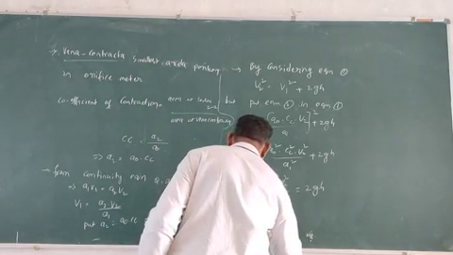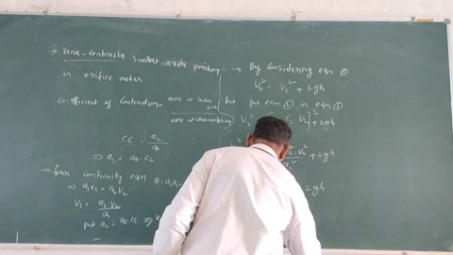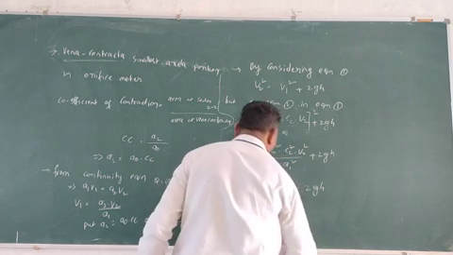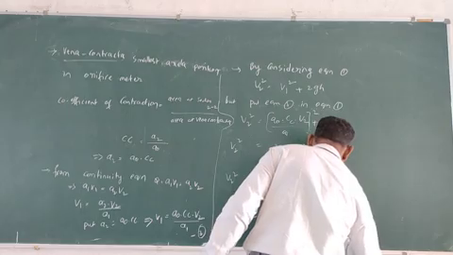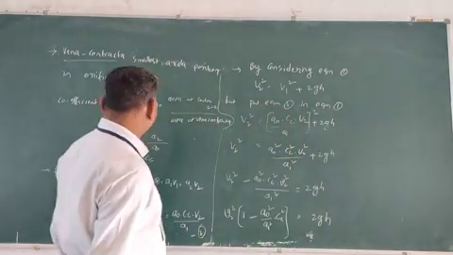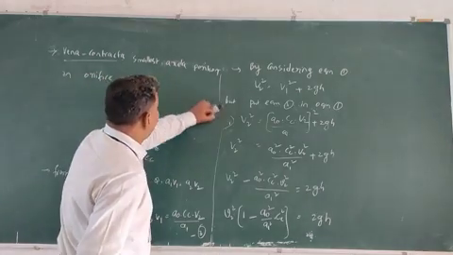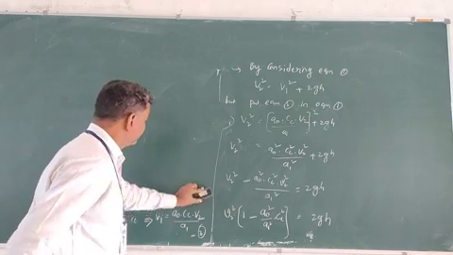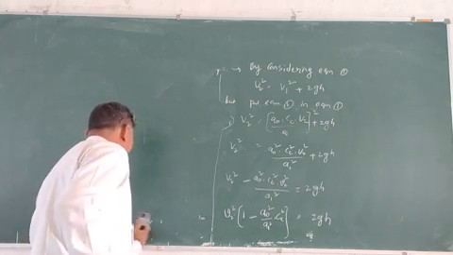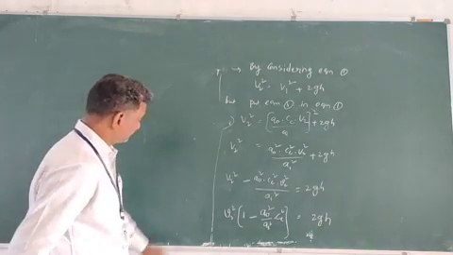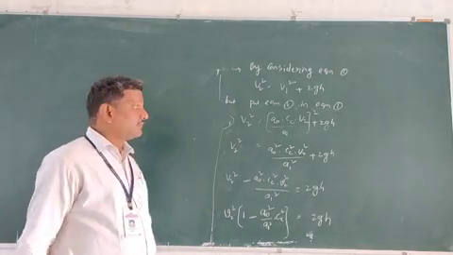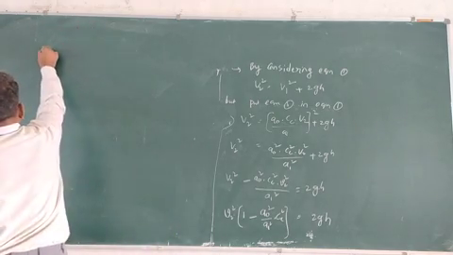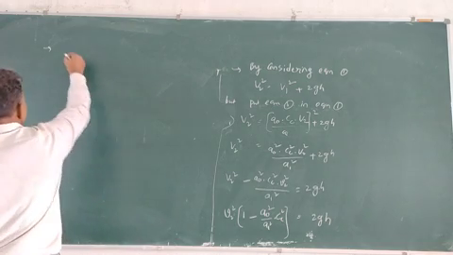V2 square into (1 minus A0 square by A1 square into CC square) is equal to 2gH.